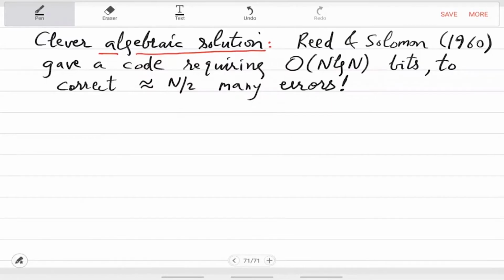Okay, which is like the optimal solution, because if the errors are n by 2 many bits flipped, then it is information theoretically impossible to recover the message, right? So just below n by 2, any fraction below half, if the channel is good enough to guarantee that, say, 49% of the bits will be corrupted, at least 51% will not be corrupted.